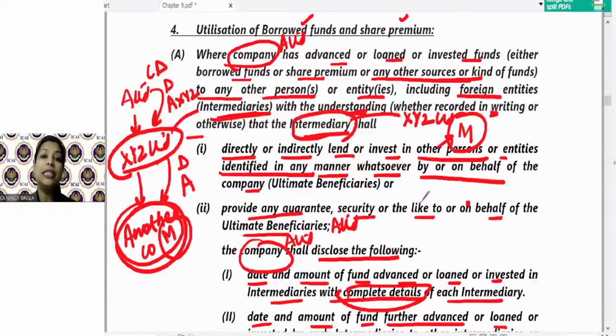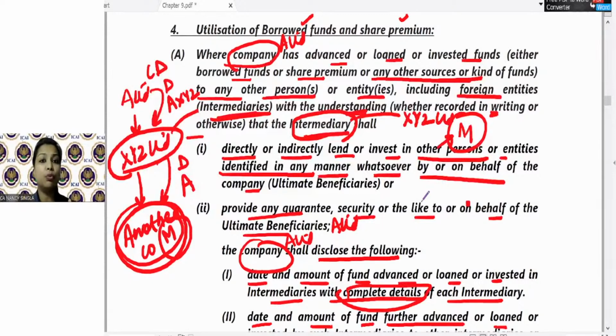So here the company is itself required to give as additional regulatory information the date, the amount and the complete details of such intermediary: the date and amount of the period when the company has given that fund to the intermediary first, and the date and amount when that intermediary has further advanced or invested that fund in another company, along with the complete details. Further, if any guarantee or security has been given on behalf of A Limited, then that is also to be mentioned.